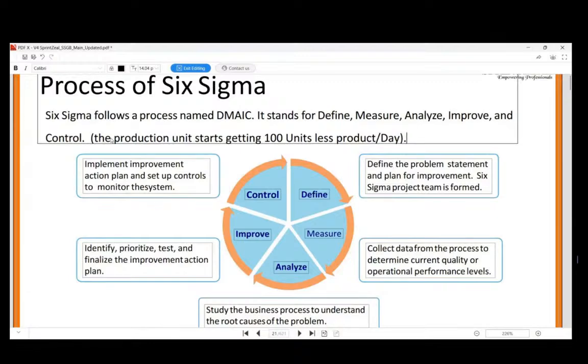I have given you this. Now this is the problem statement, correct? Yeah, correct.